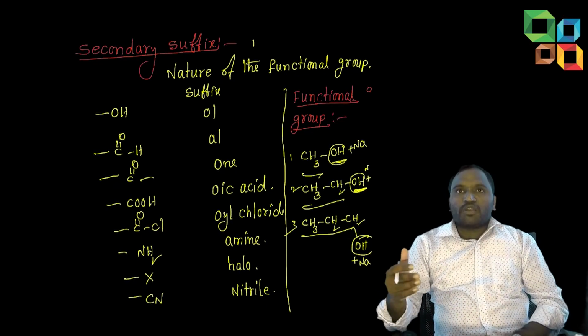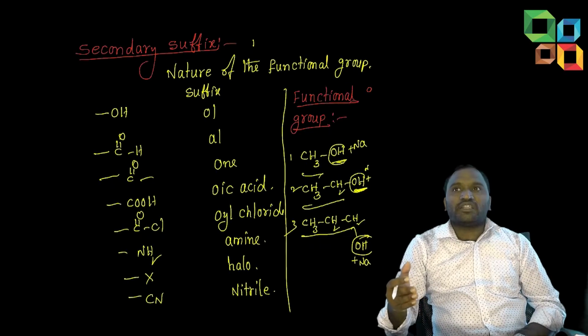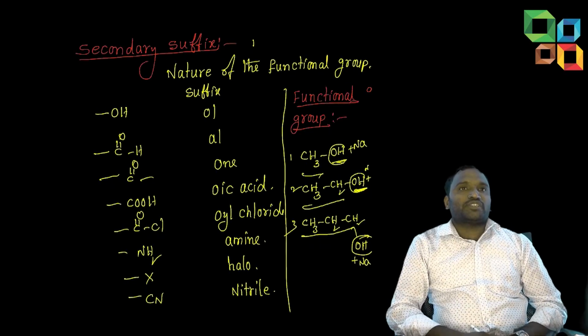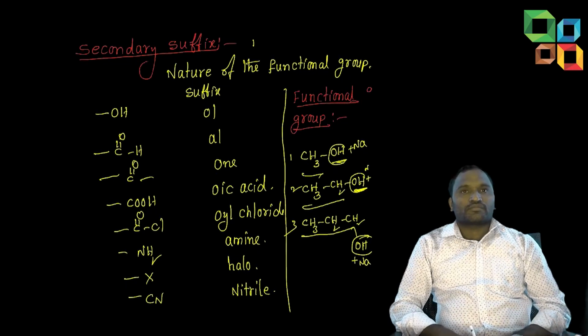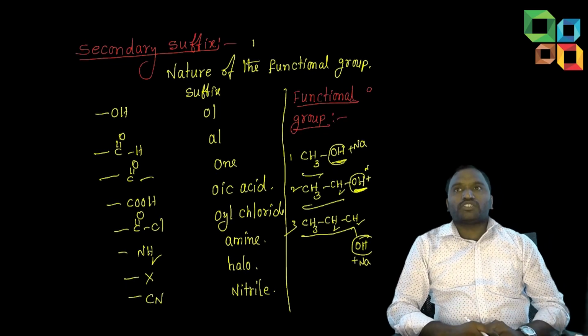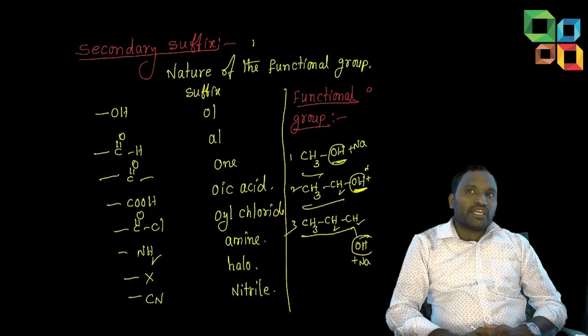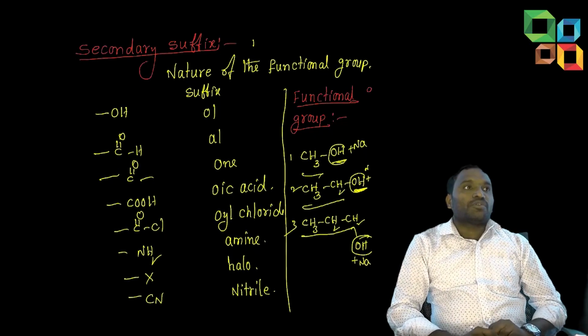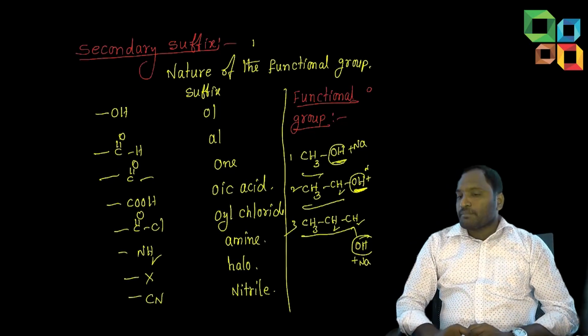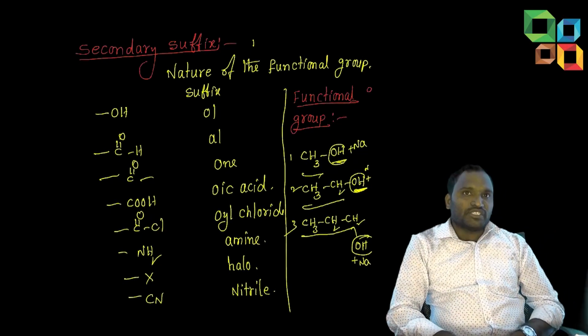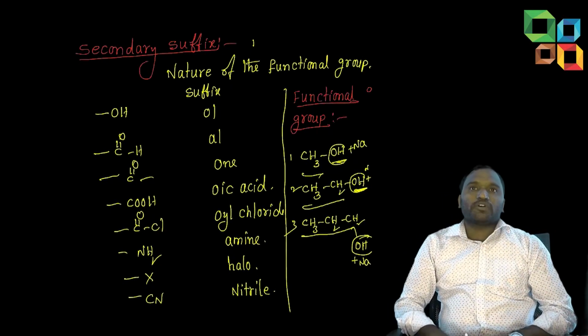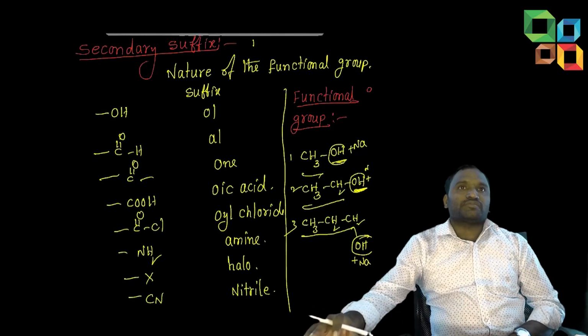Even though we increased the number of carbon atoms, there is no change in the reaction. Dhruva, got it? Yes, sir. The functional group decides the properties of the alkyl chain.